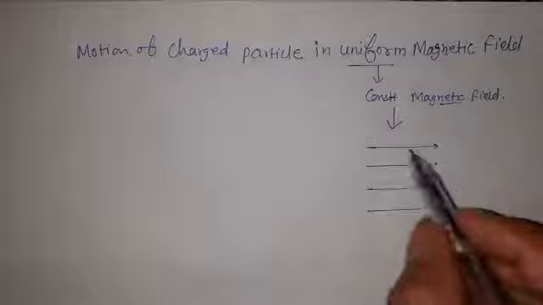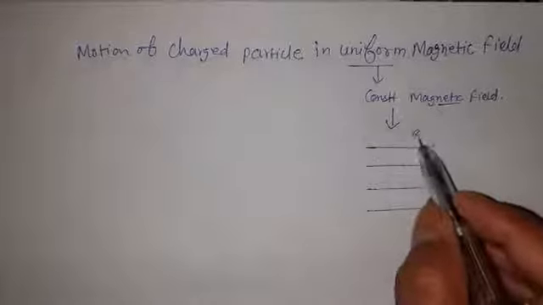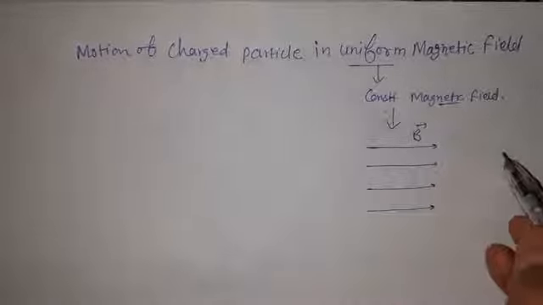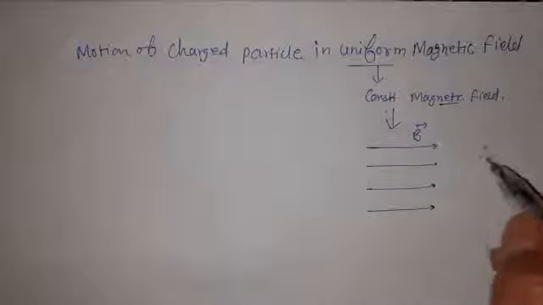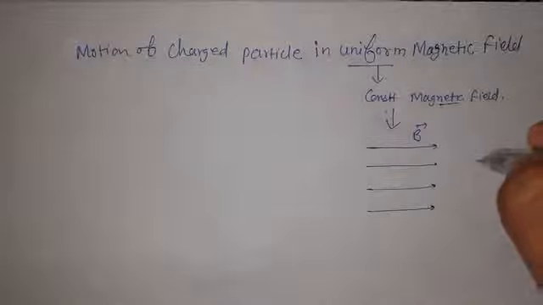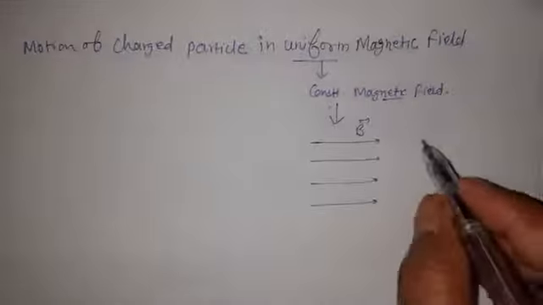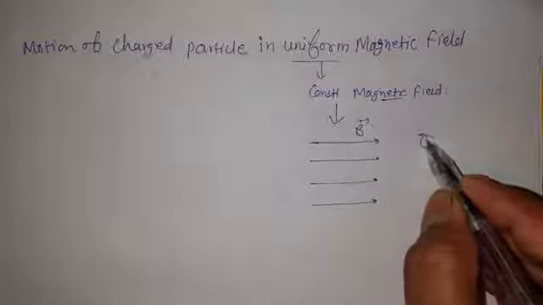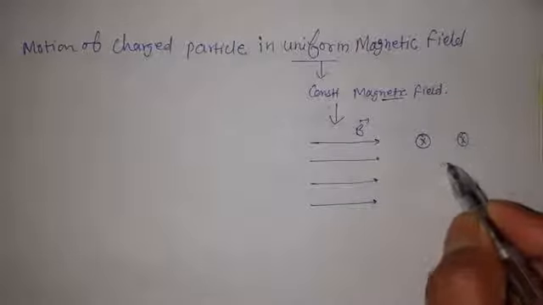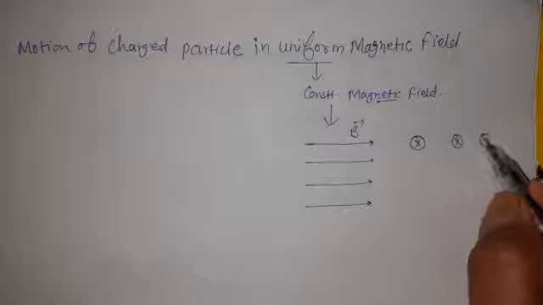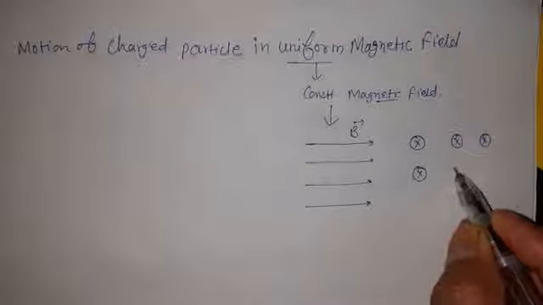magnetic field. Now this magnetic field is traveling towards the right, and if the magnetic field is going into the plane of the paper, then this uniform magnetic field will be shown with this cross sign. This is the magnetic field which is going into the plane of the paper.